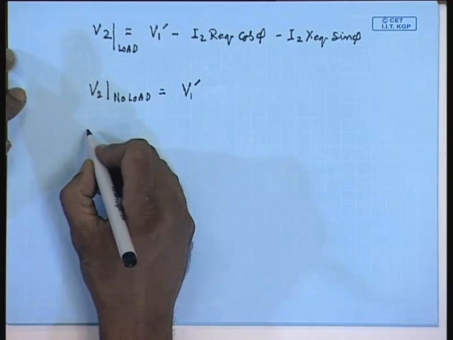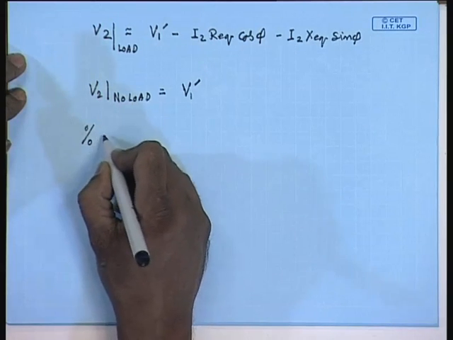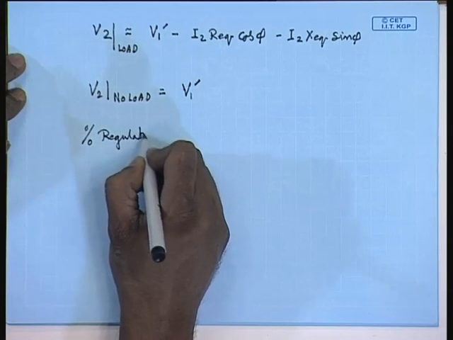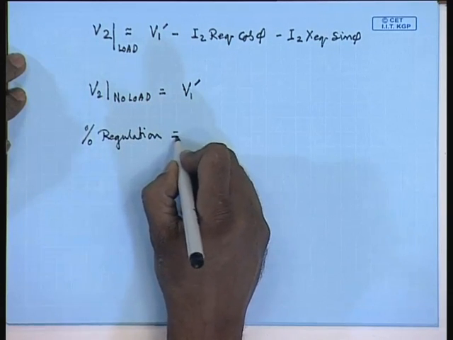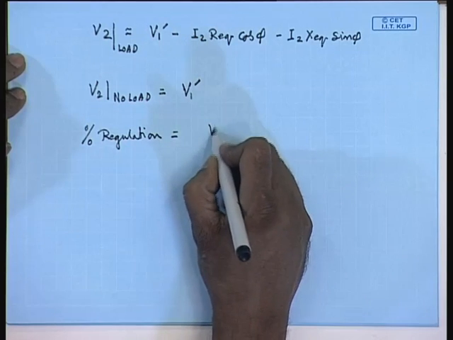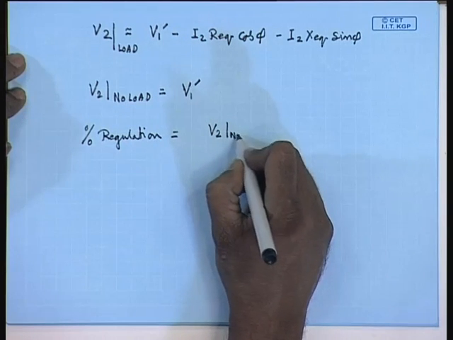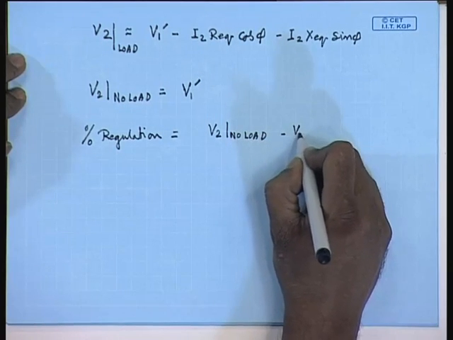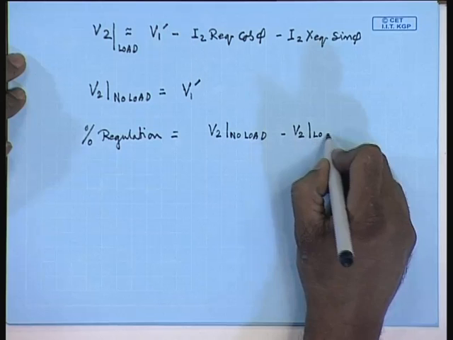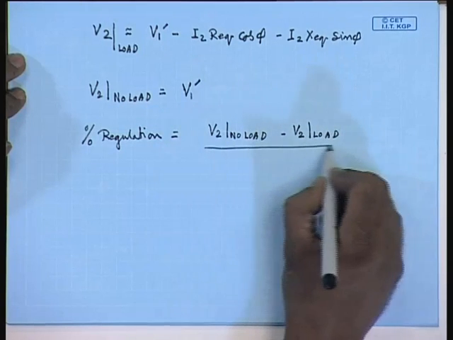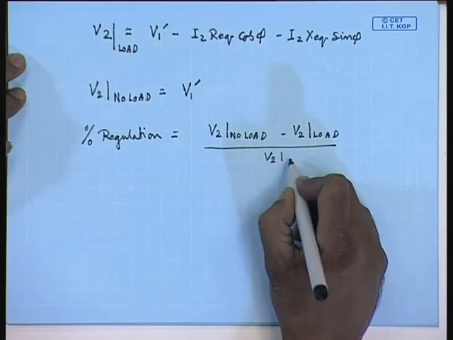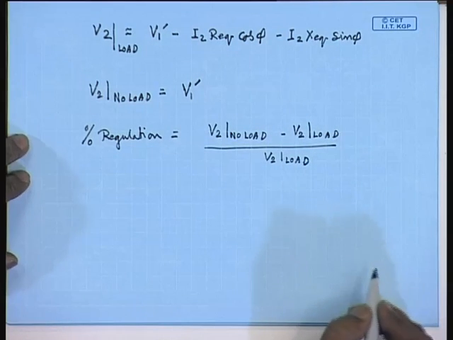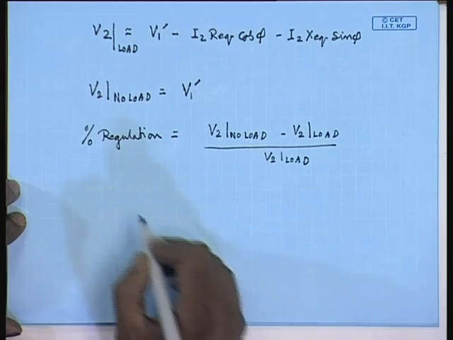Hence, percentage regulation is defined as V2 no load minus V2 at load, divided by V2 at load. But V2 no load equals V1 dash.